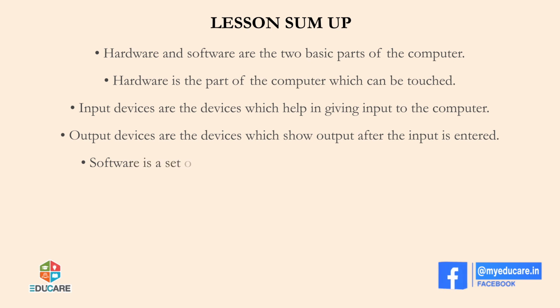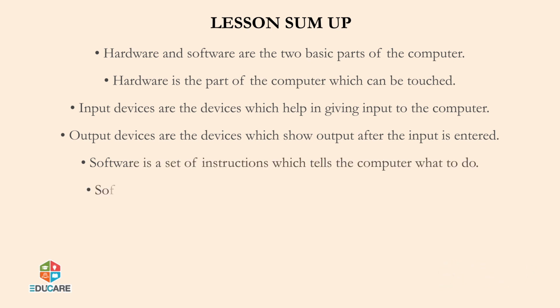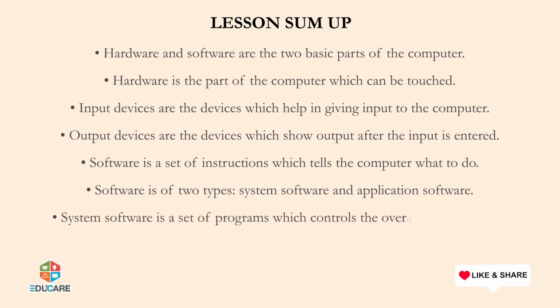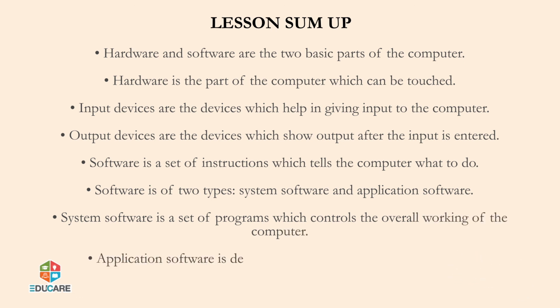Software is a set of instructions which tells the computer what to do. Software is of two types, system software and application software. System software is a part of programs which controls the overall working of the computer. Application software is designed for doing a specific type of work.